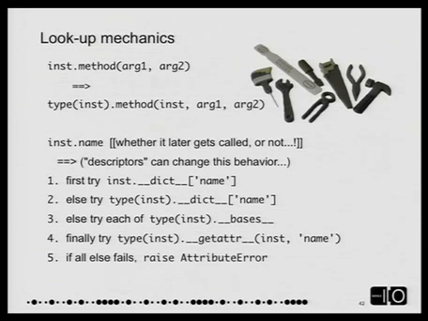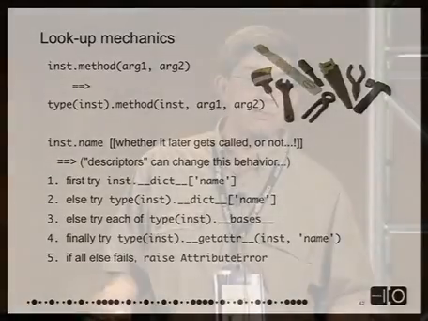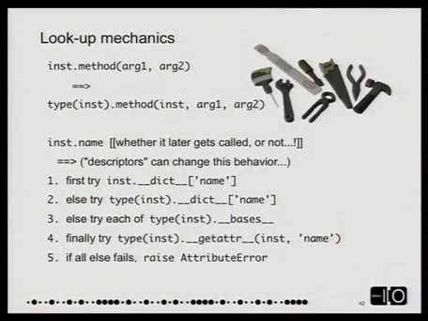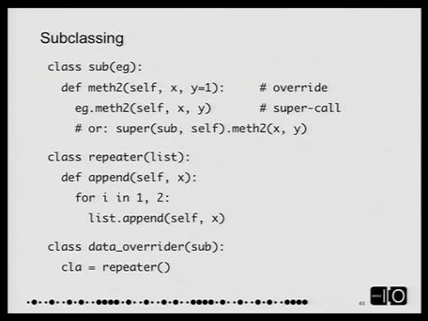If we haven't found it in any of the bases, then we try a special method, dunder getattr, which is basically there to let you compute attributes on the fly, just in time when necessary. If that works, then it's a result. Otherwise, you finally get an attribute error, which is an exception, meaning that attribute name does not exist anywhere in the search space for this instance.